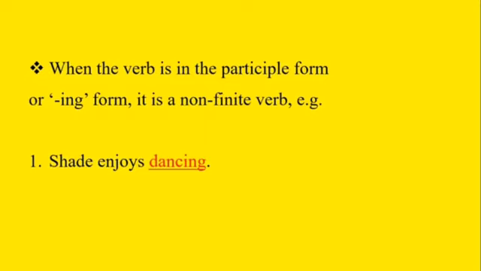Dancing here does not agree with Shade. It is enjoys that agrees with Shade. So dancing here is considered a non-finite verb. Singing is a hobby. Singing is in ing form. It is therefore a non-finite verb.